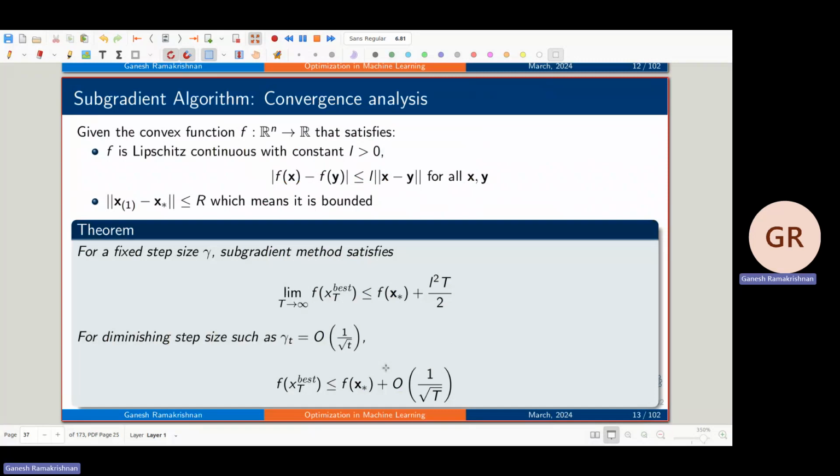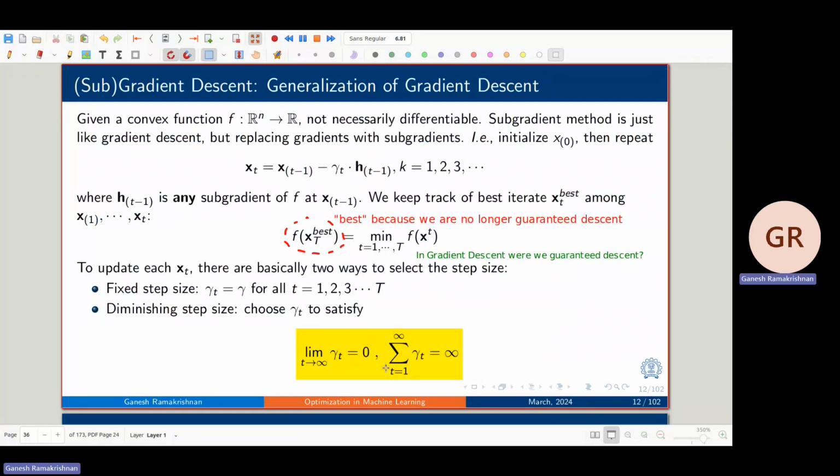So the intuition here is we want these step sizes to be small, but you want to ensure that you can escape false starts.